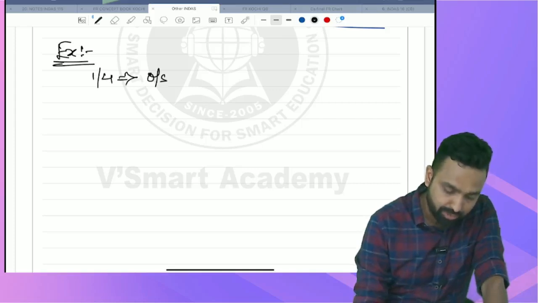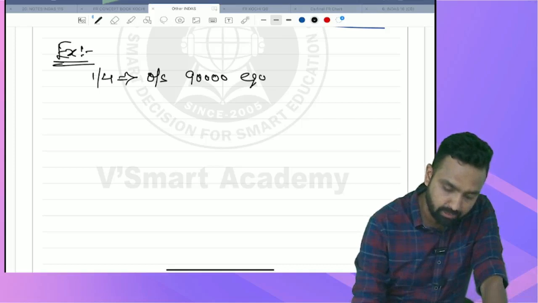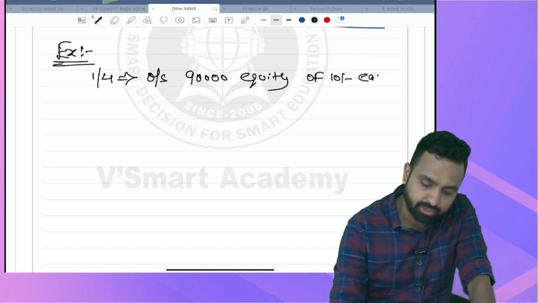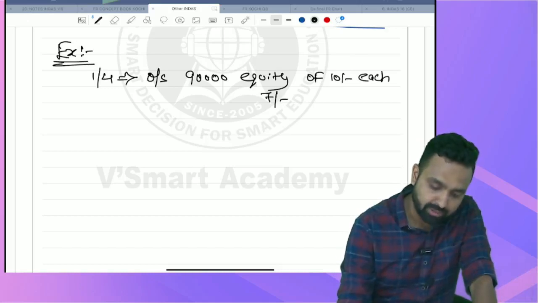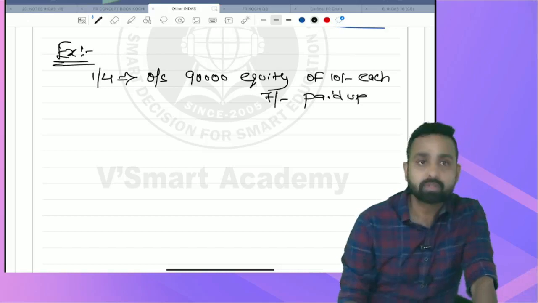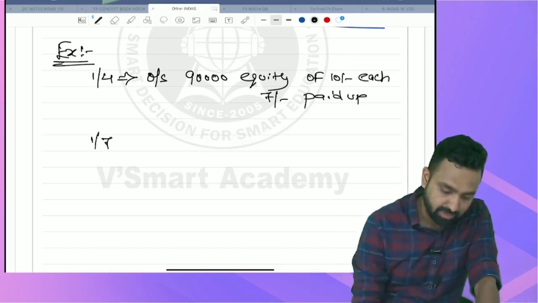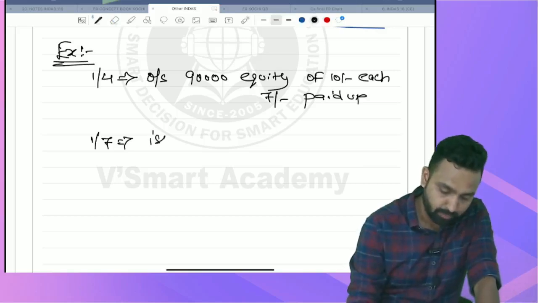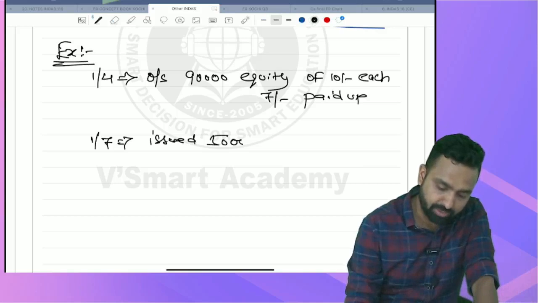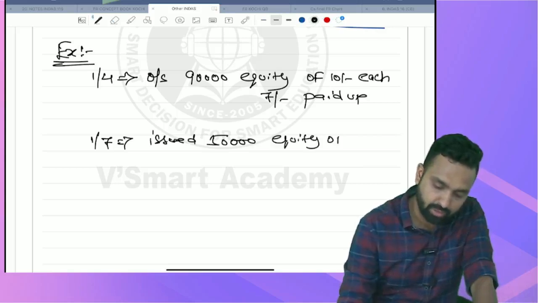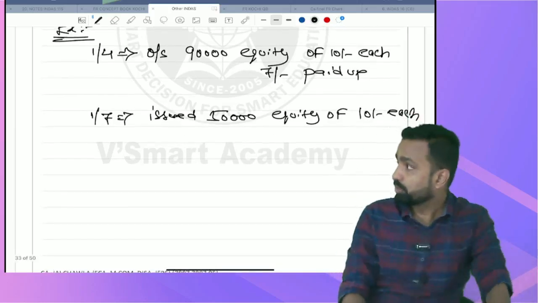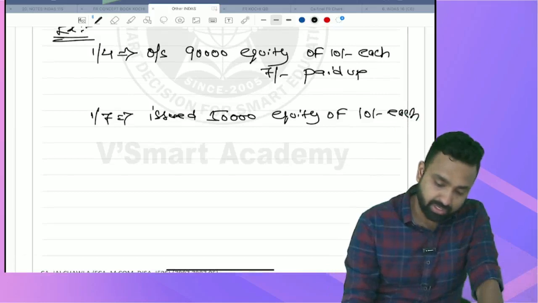1st April, outstanding 90,000 equity shares of 10 each, 7 paid up. On 1st July, issued 50,000 equity shares of 10 each, 6 paid up.